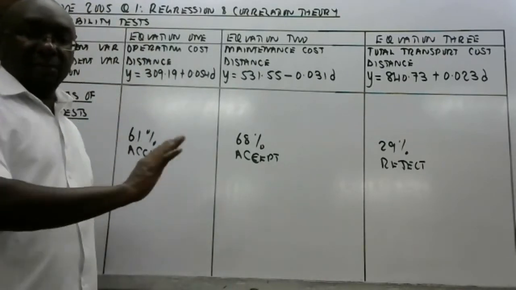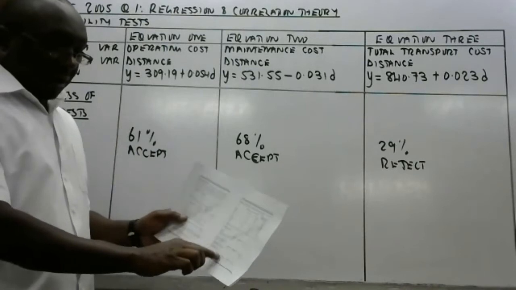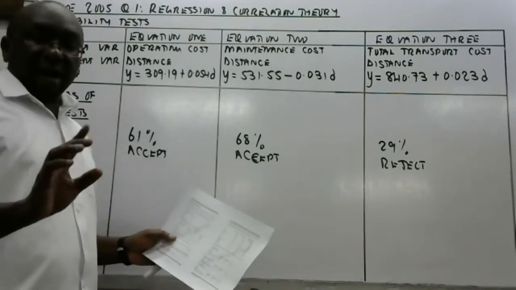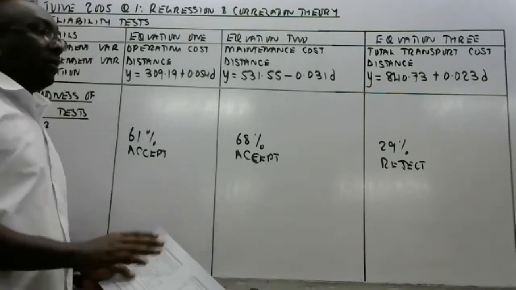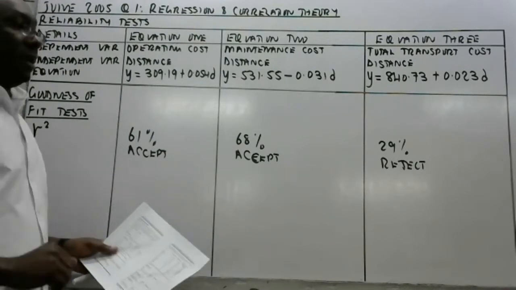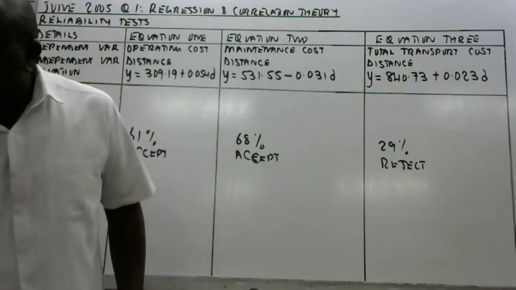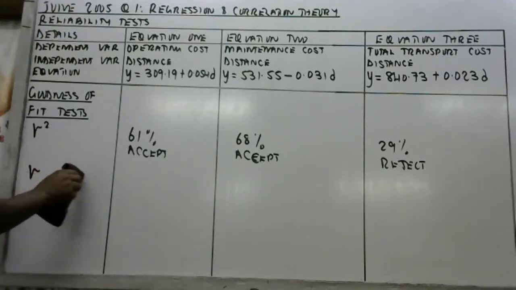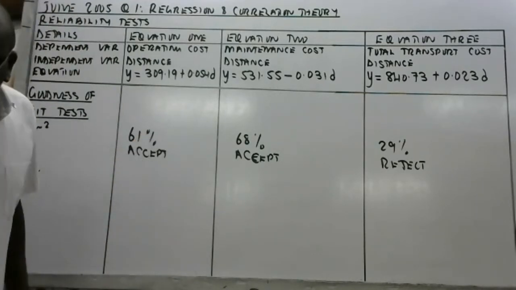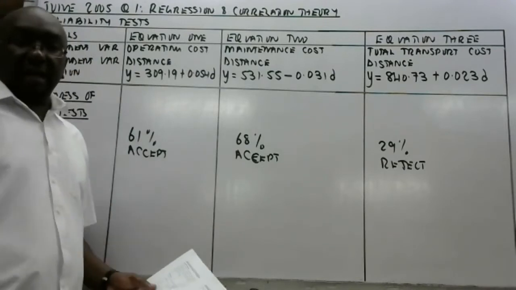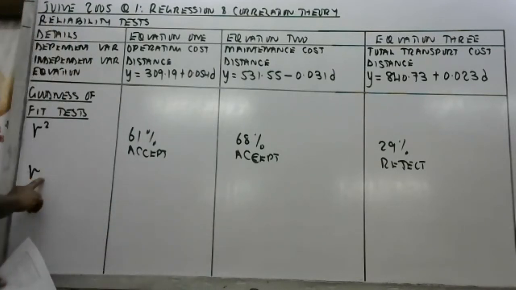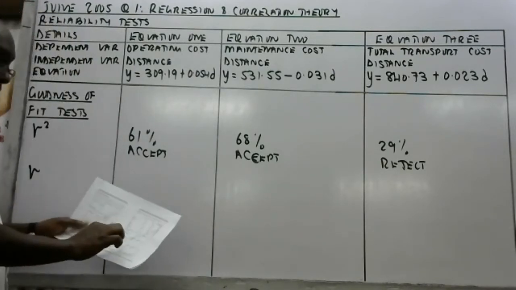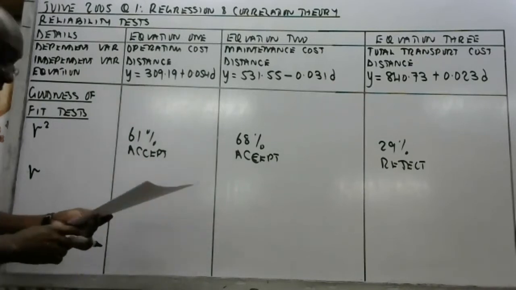But if it is an exam, you don't compute, because you see in this question they have not given you the values of R. So you leave that, and I think that is the best thing. So we will not comment about R because it is not present in our case.